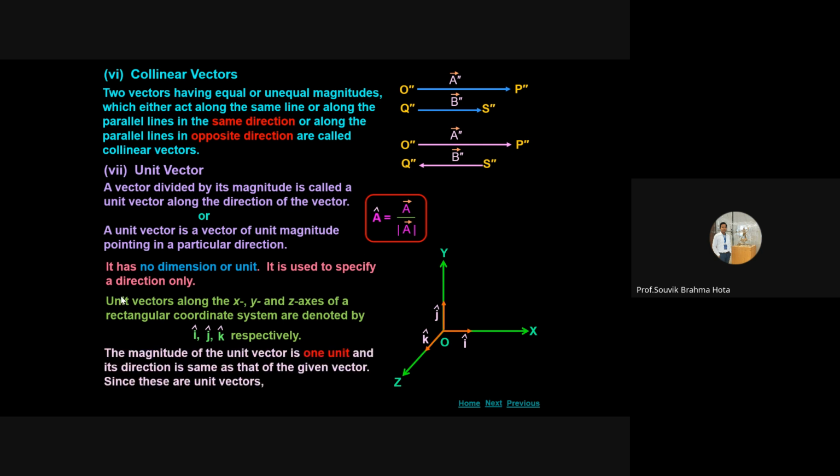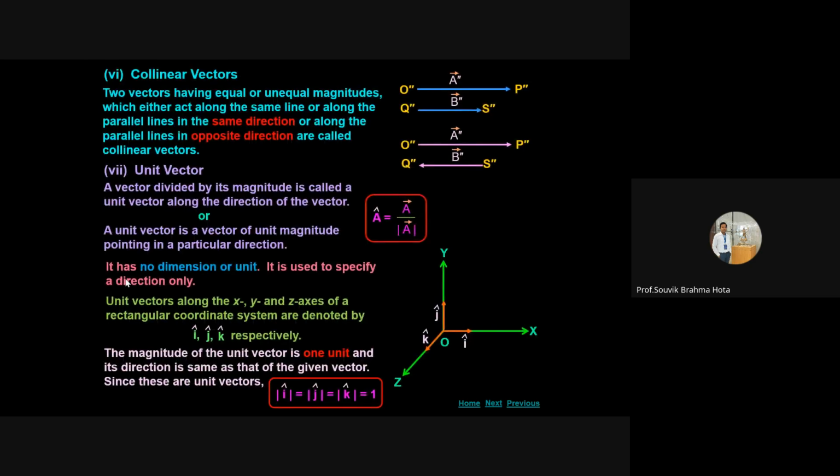The magnitude of the unit vector is 1 unit and its direction is the same as that of the given vector. Only the magnitude becomes 1 unit. Since these are unit vectors, I can say mod of i is equal to mod of j is equal to mod of k, and that is equal to 1.